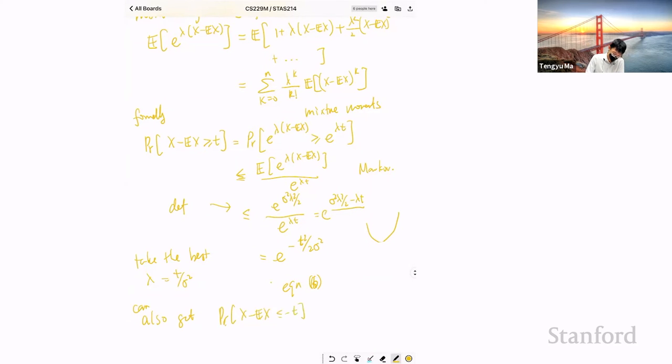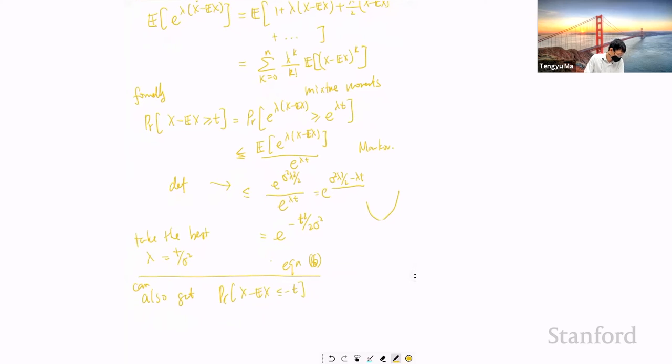The probability that x minus ex is less than minus t. And how do you do that? The trivial thing is that you just flip. You define x prime to be minus x. Then the probability that x prime minus ex prime is larger than t is the same as the probability that x minus ex is smaller than minus t, just by the simple definition.